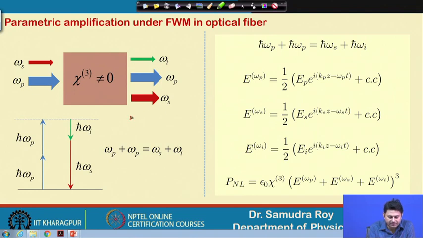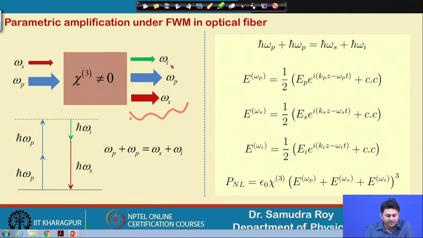So, we have an amplification of this signal, that is important. I launch a very small amount of signal with a very strong pump. The strong pump will be there, omega I will be generated as the idler frequency and omega s will be amplified because I have some amount of omega s at the input, z equal to 0.